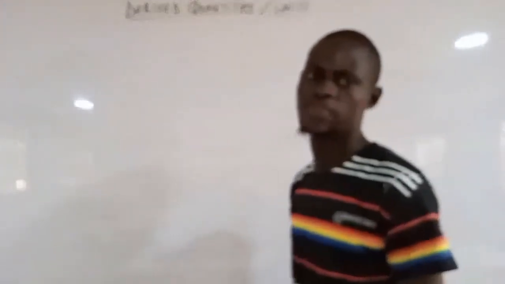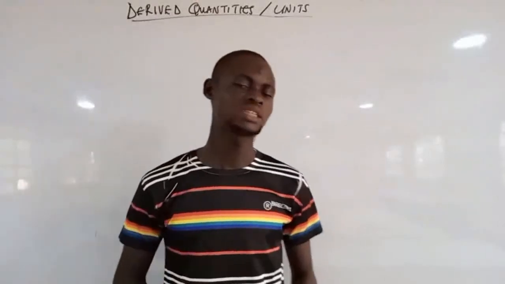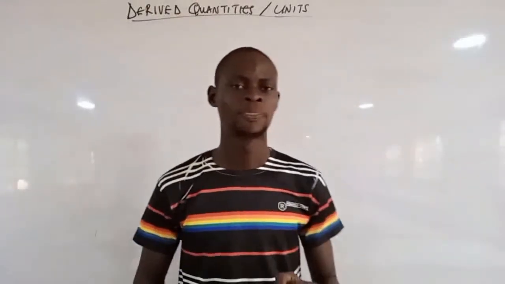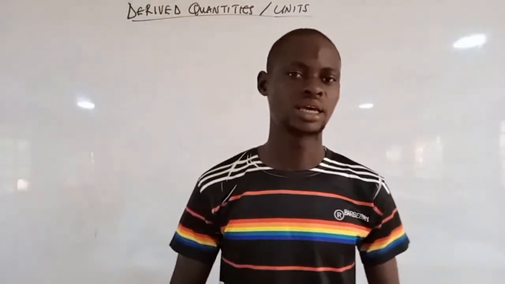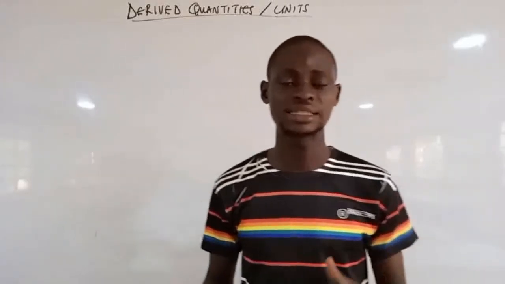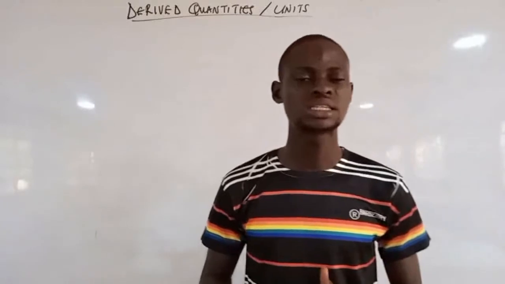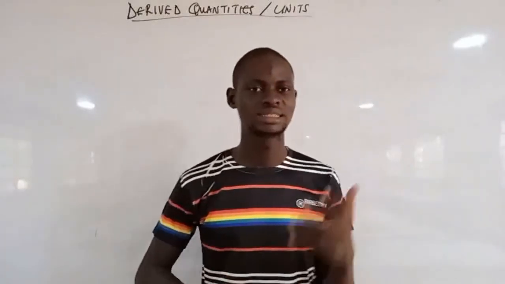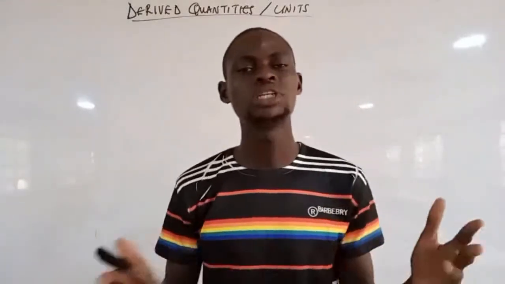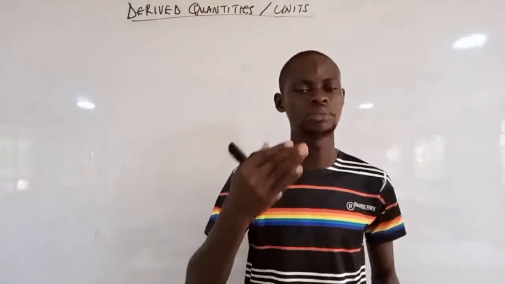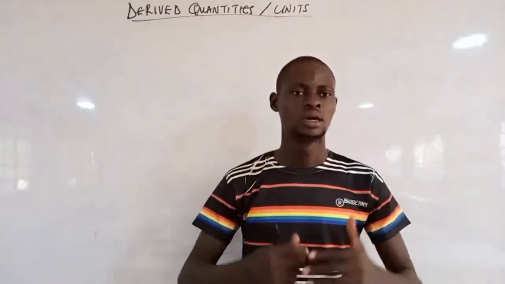Derived quantities. In my last video, I said physical quantities are classified as either fundamental or derived. Derived quantities are quantities that are formed from the combination of two or more fundamental quantities.